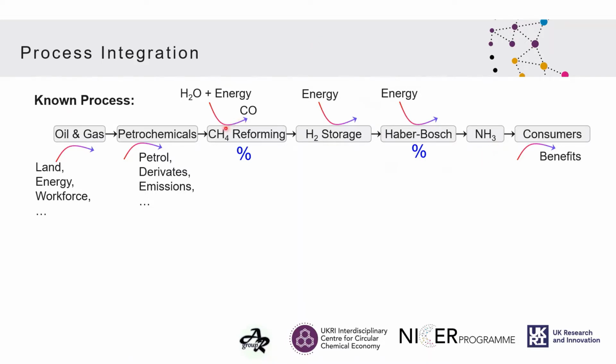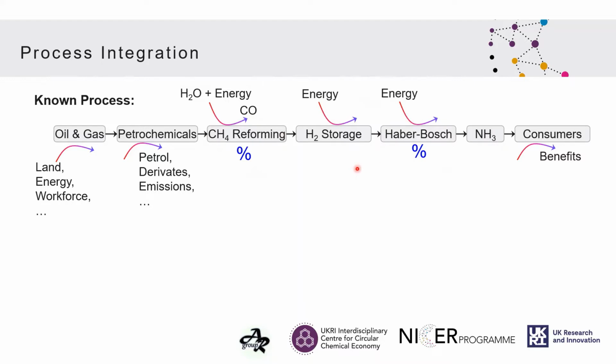We know the conversions here very well because it has been optimized for many years. We know the conversion, the activity, the conditions. For instance, the Haber-Bosch is 700 degrees at 200 atmospheres, high pressure, etc.